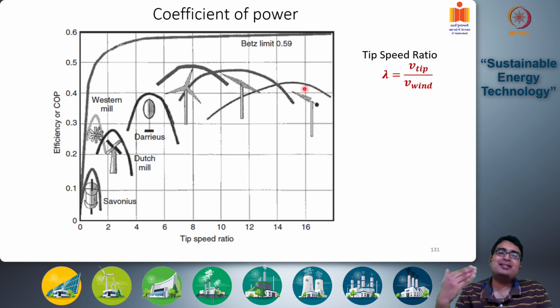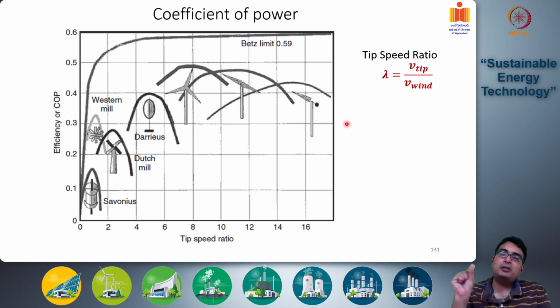Okay, so why does this happen? At low speeds, the wind blade is too slow to interact with all the wind that is flowing through its area of rotation. Okay, so by the time the blade reaches this point, a lot of wind has escaped its area of influence. So there is not enough coverage. At very high tip velocities, the blade is so fast that turbulence induced drag effects and frictional losses become too much to overcome, and those impact the efficiencies.